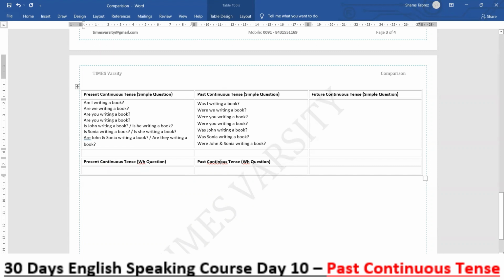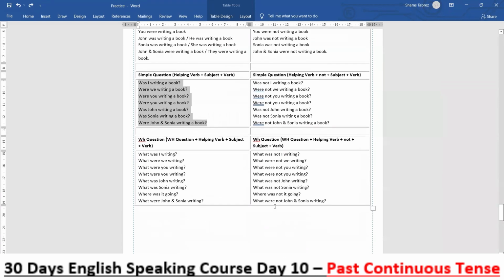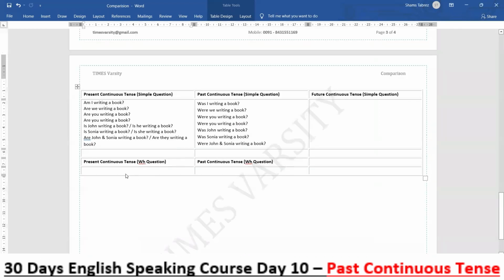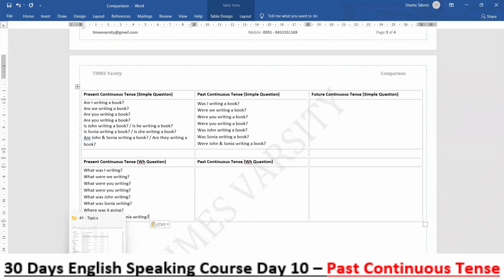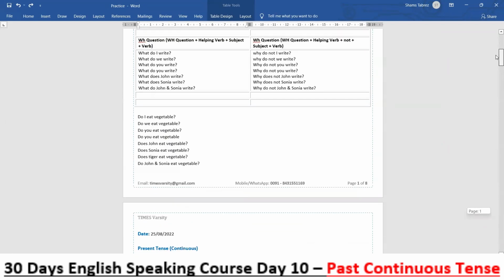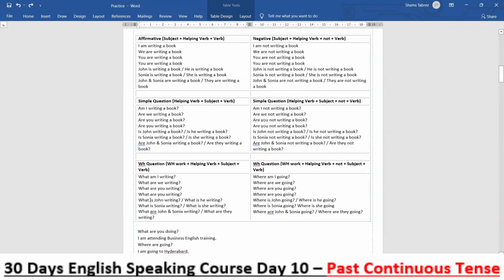Look at WH question comparison. WH question is this. Present continuous WH question.